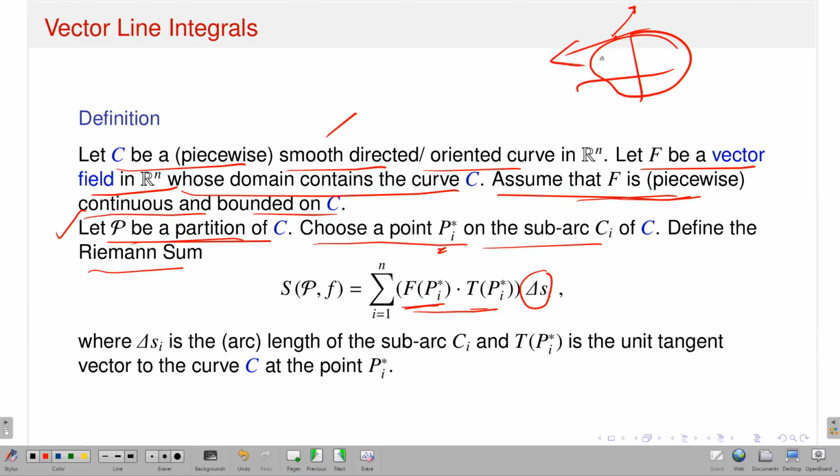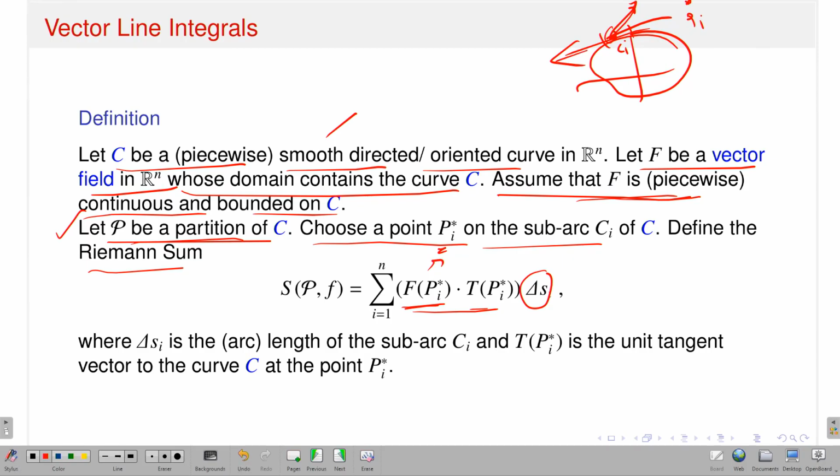Suppose this is my subarc Ci, and at the point Pi star, capital F is a vector field, that means it associates a vector at the point Pi star, which I denote as capital F of Pi star.